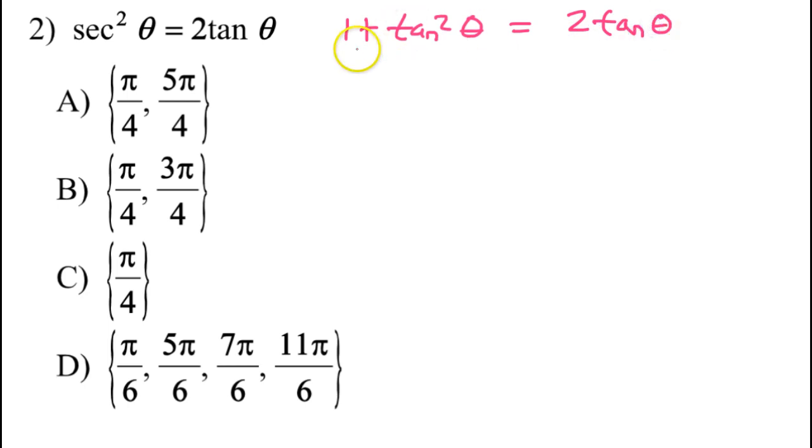In that way, we have only tangent instead of secant and tangent. So I'm noticing that I have tangent squared and I have tangent. This will be the type where we get 0 on one side. So I am going to subtract 2 tangent theta from both sides.